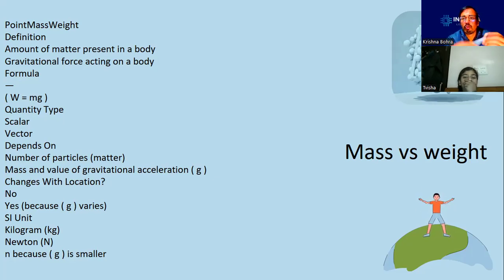If I say where Tivisha lives, I need to point towards a direction. Suppose you live right there and somebody asks me where Tivisha lives. I need to point towards a particular direction, like if it is in the east, I would say Tivisha lives in the east direction. So this becomes a vector quantity.